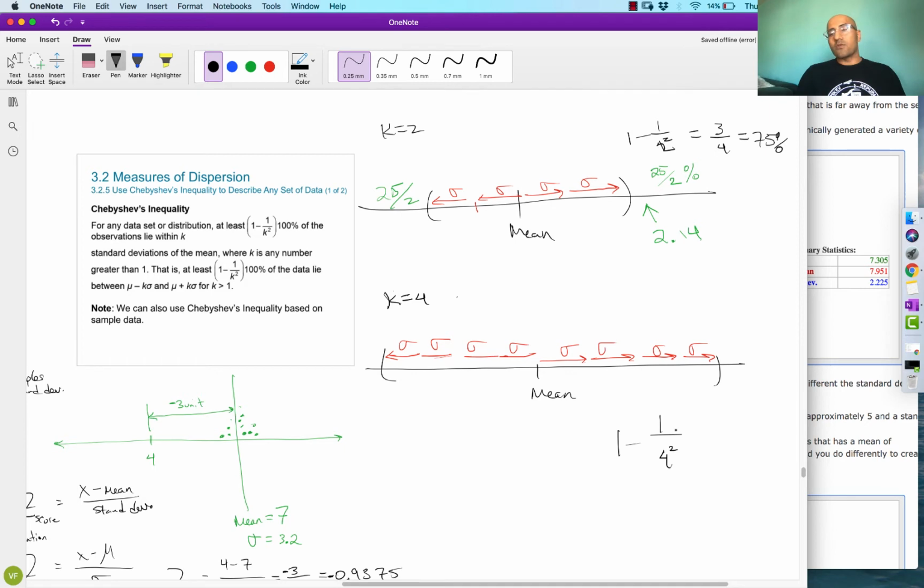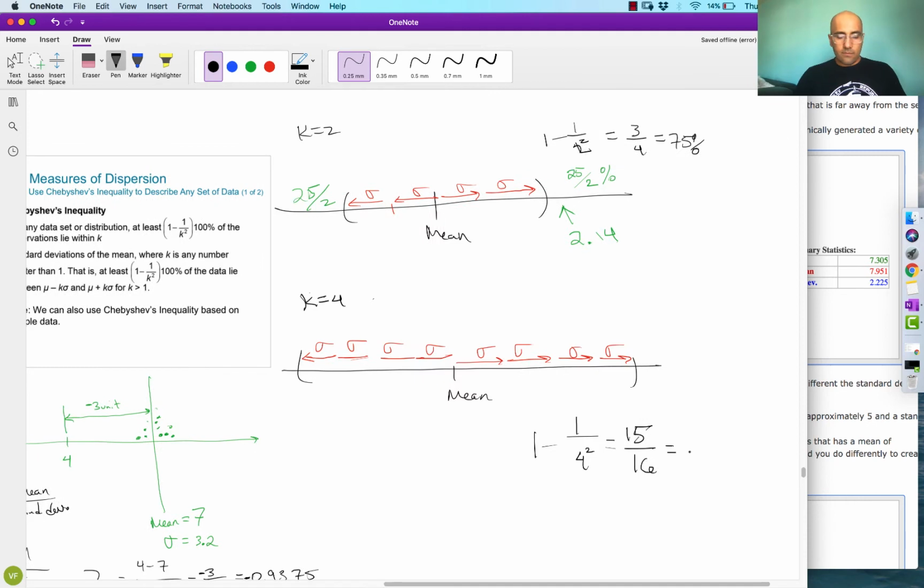And so that's going to be 1 over 16, which is equal to 15 out of 16, which turns into 15 divided by 16, or about 93.75% of the data. Remember, Chebyshev says at least this much or more is going to be within 4 standard deviations of the mean.